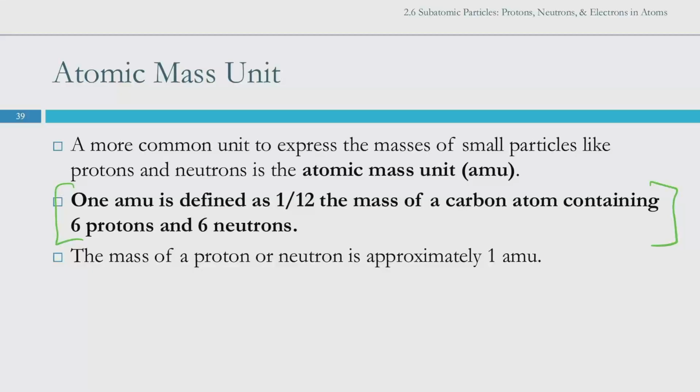So in our minds, we can sort of think of it as approximately 1 AMU for the mass of a proton or a neutron. So proton and neutron are approximately 1 atomic mass unit. That makes things a lot easier to work with because now we're working with 1, 2, 3, 4, 5 instead of a crazy small number like 10 to the minus 27.